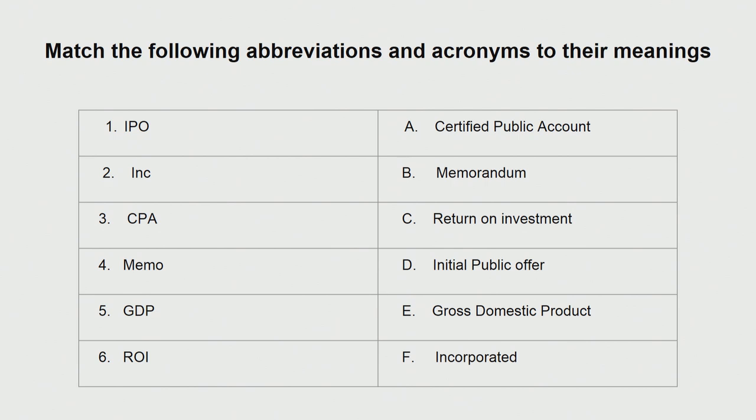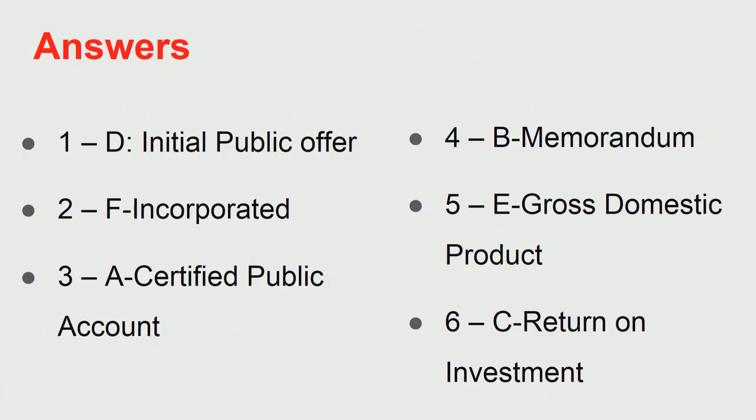Please take a moment. Here are your answers. 1D, Initial Public Offer, IPO. 2F, INC is incorporated. 3, Certified Public Account, A. So 4B, Memorandum. 5E, Gross Domestic Product, and 6C, Return on Investment.